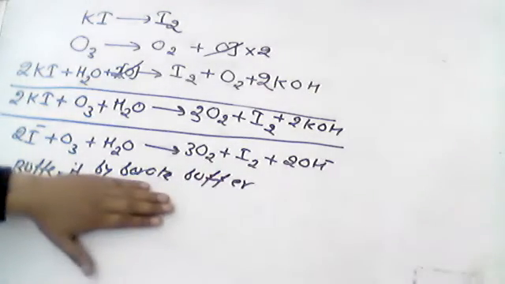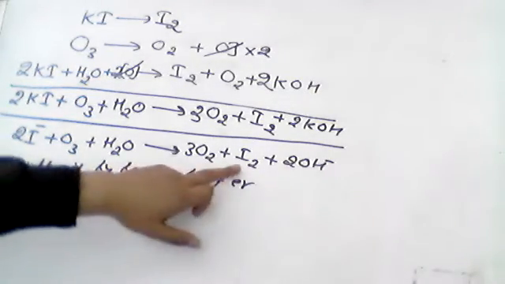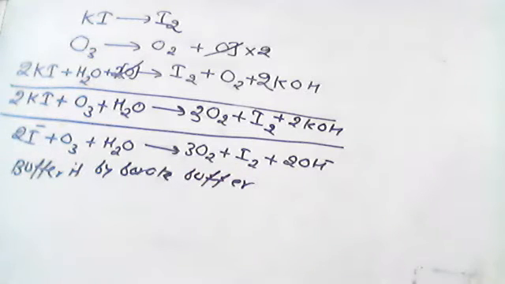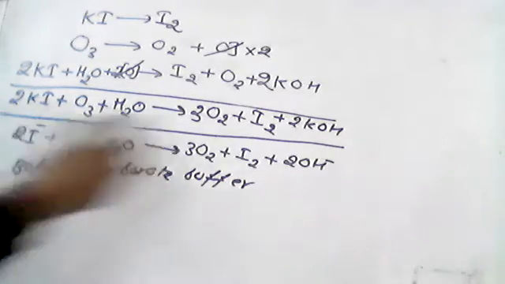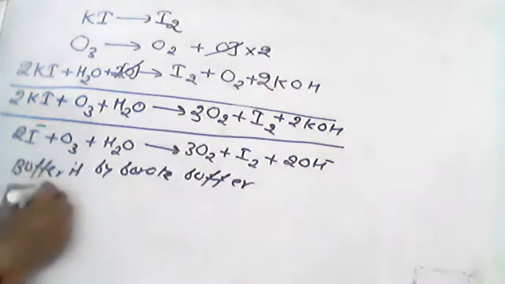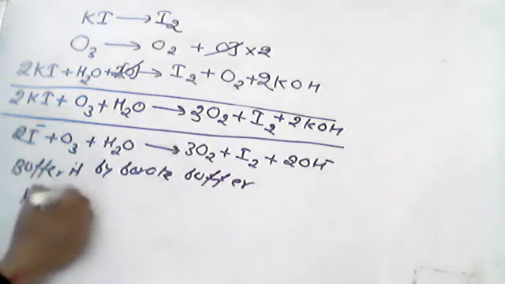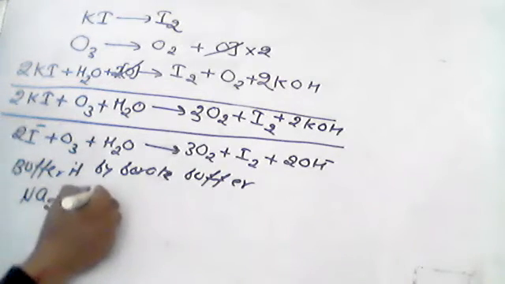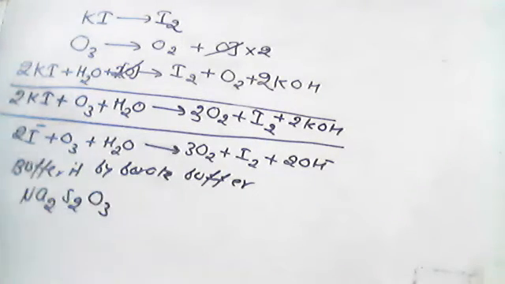Practically, iodine we are going to get. Iodine is liberated, and if we are going to titrate this liberated iodine against a solution of thiosulfate, Na2S2O3, then we can quantitatively measure the amount of ozone.